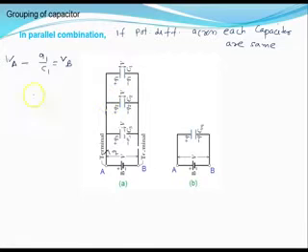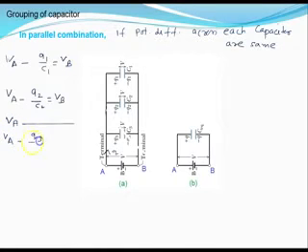Then from this path, VA minus Q2 by C2 equal to VB. Then from the lower path, VA minus Q3 upon C3 equal to VB.